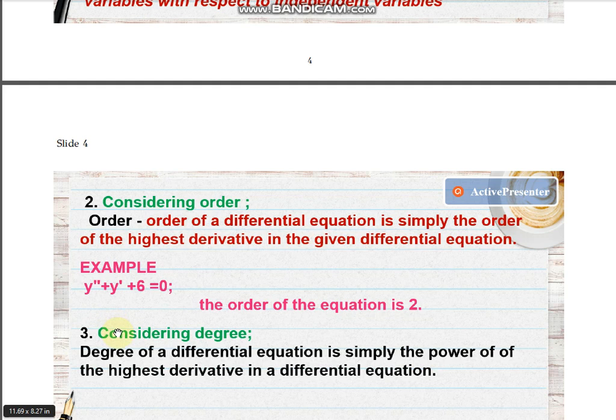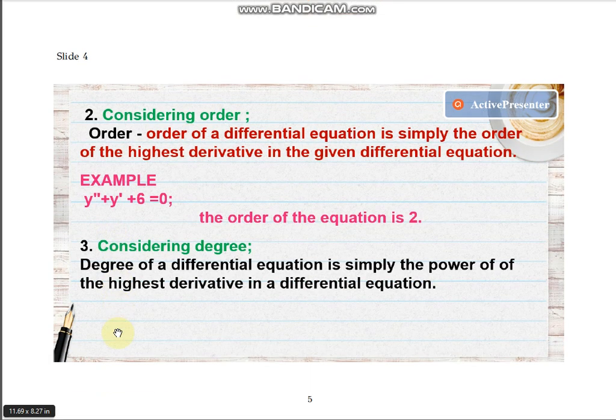Then the degree of a differential equation is simply the power of the highest derivative in a differential equation. When we talk of degree, let's say we had some brackets around this derivative, whose order is 2, and placed 2 outside the bracket enclosing this derivative.